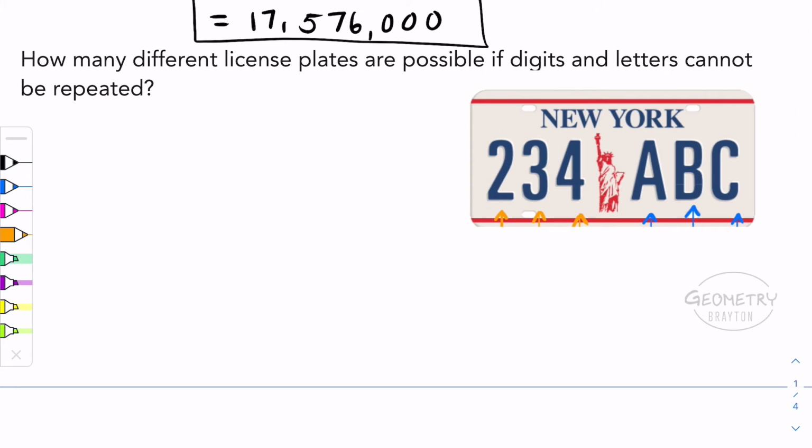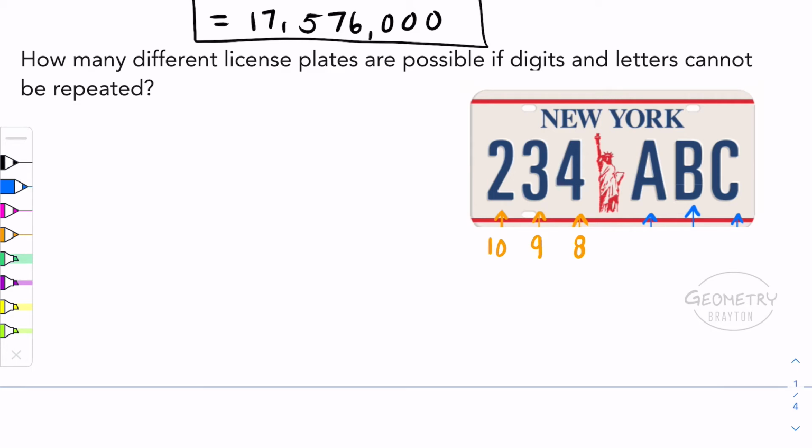We have a possibility of 10 numbers, 0 and then 1 through 9. We used one of the digits, so we have to remove that, which means for the next place, there are only 9 options because we used one of them. And for the next place, there are only 8 options because we've already used 2 of them. Remember, you cannot have anything repeating.